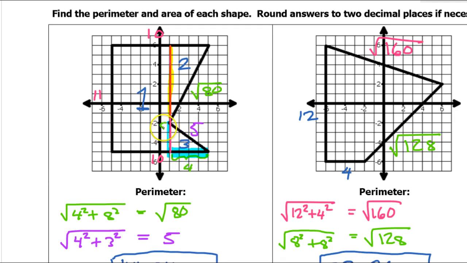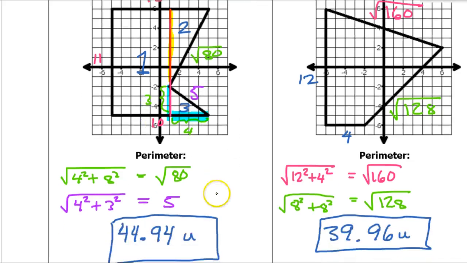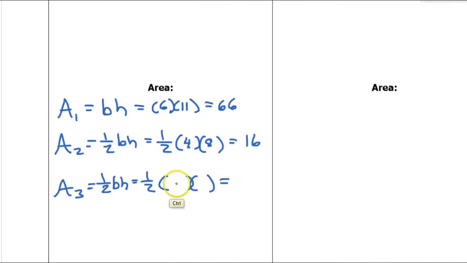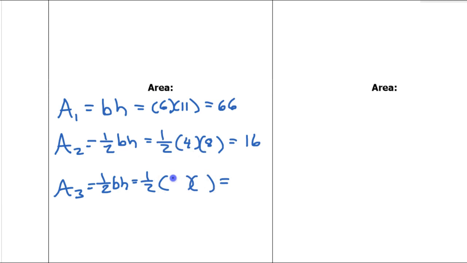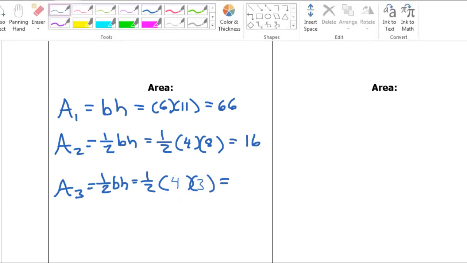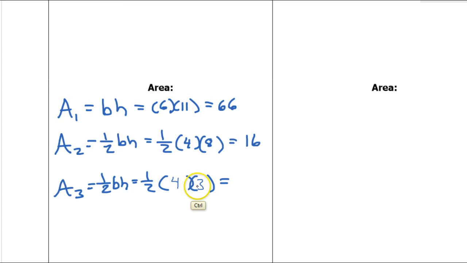And the height, which is right here, is 3. Okay, so 4 times 3 is 12. Half of 12 is 6.